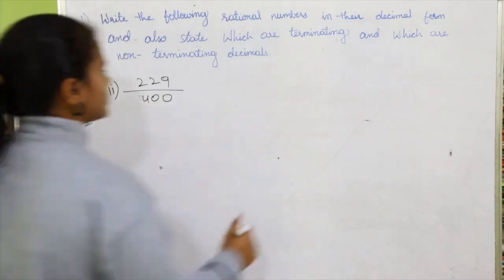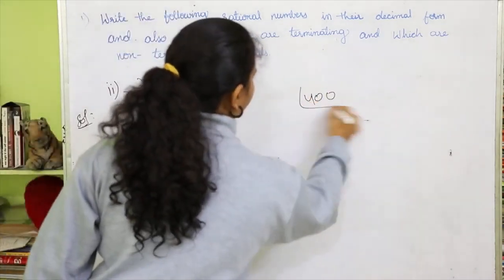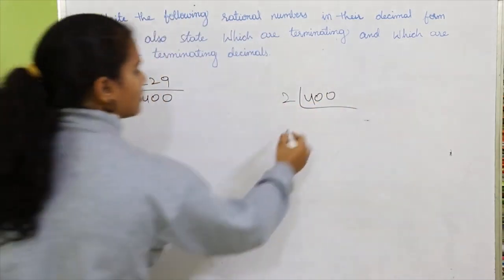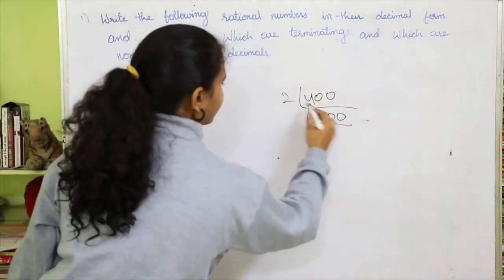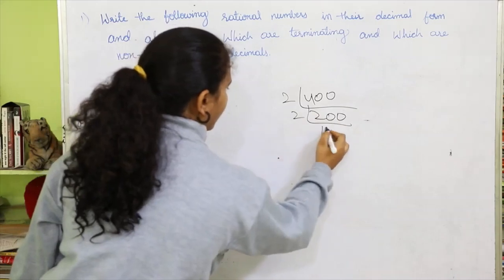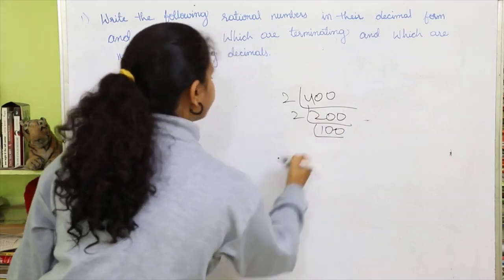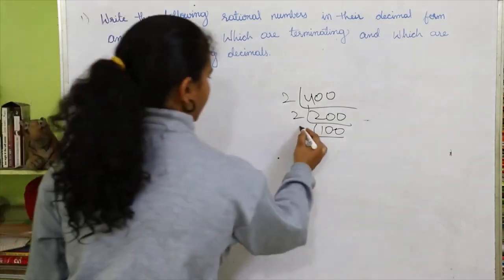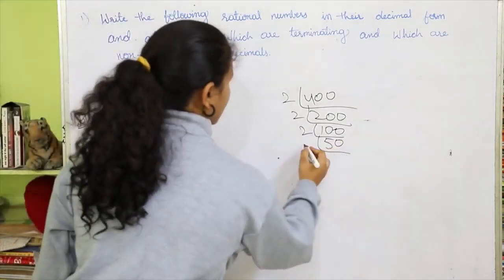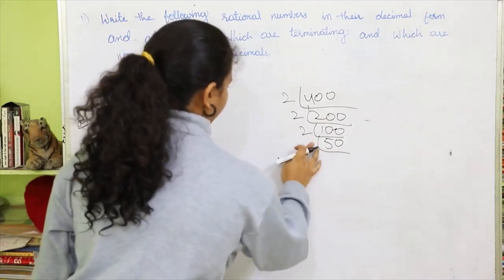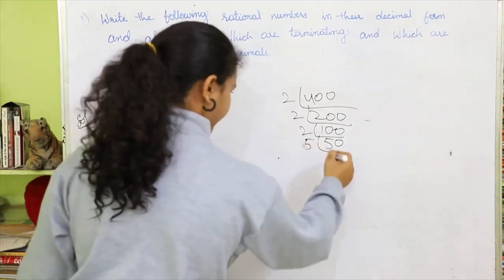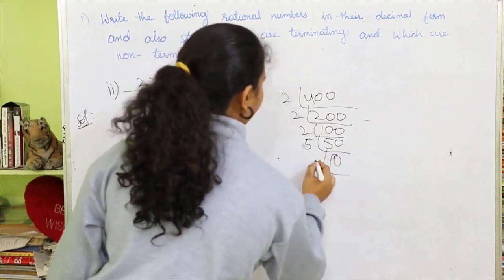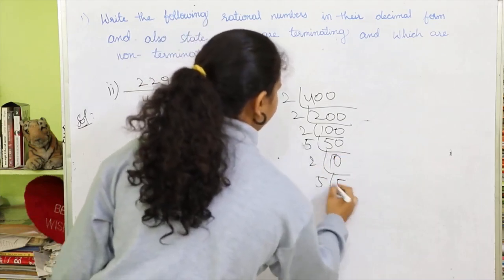Now for 400, if I go for LCM: 2 2s are 4, so 200; again 2, 50 times; 2 5s are 10, 5 10s are 50; again 2 5s are 10, 5 1s are 5.